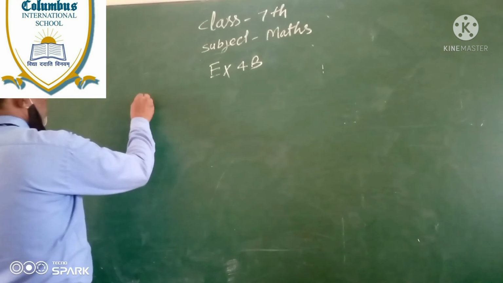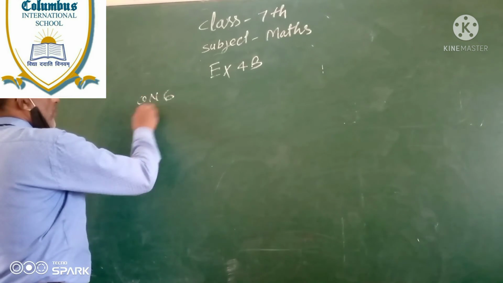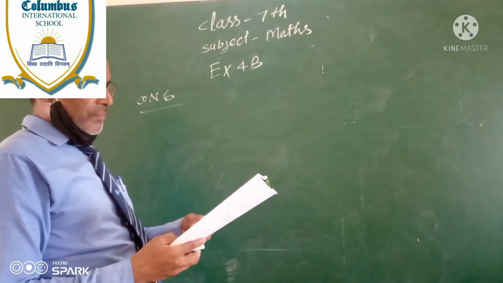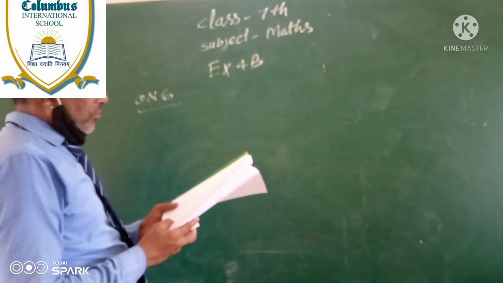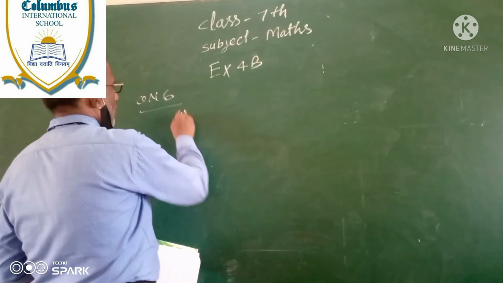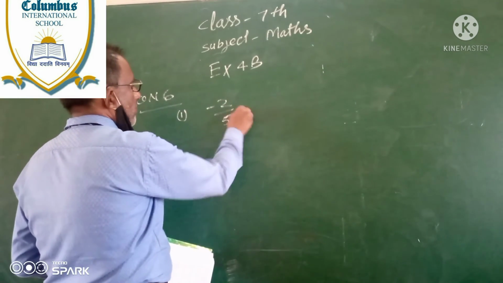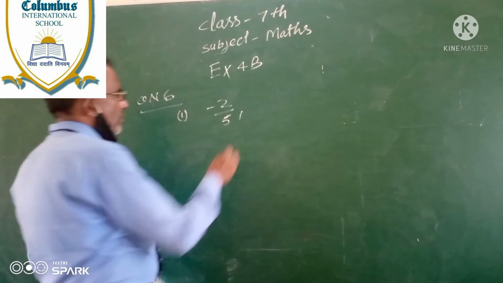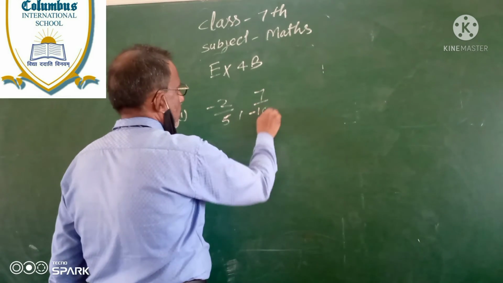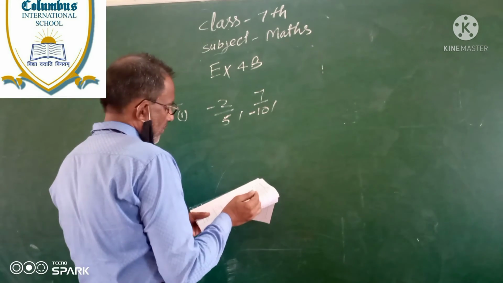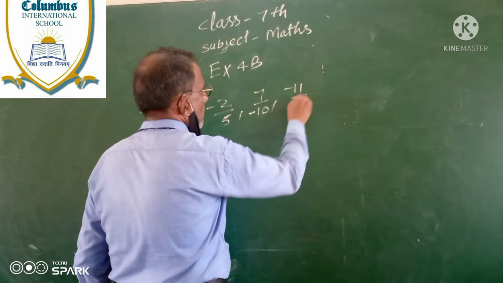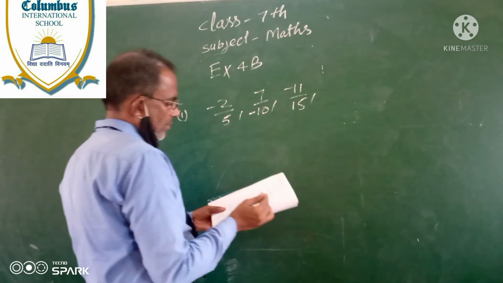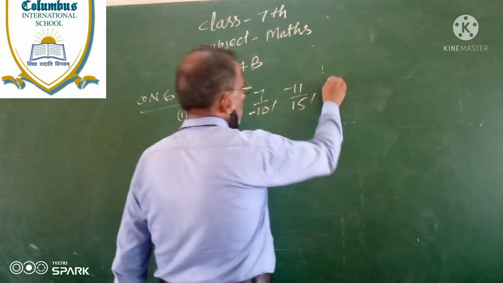Question number 6. Arrange in descending order. First question: minus 2 upon 5, 7 upon minus 10, minus 11 upon 15 and 19 upon minus 30.